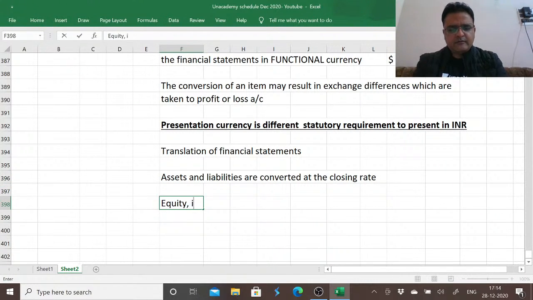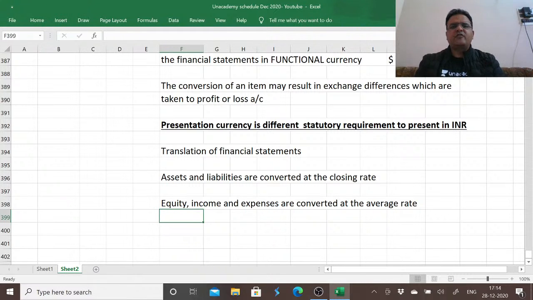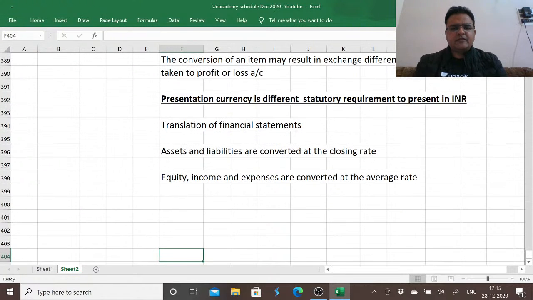Equity, income and expenses are converted at the average rate. So this is bound to create a difference, either on the debit side of the balance sheet or on the credit side of the balance sheet.